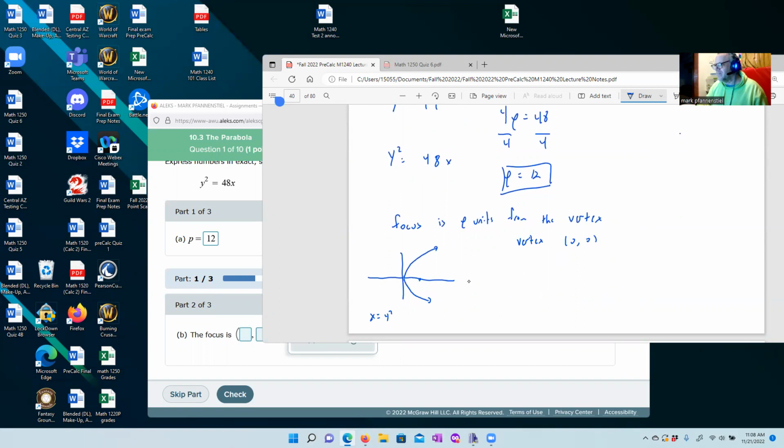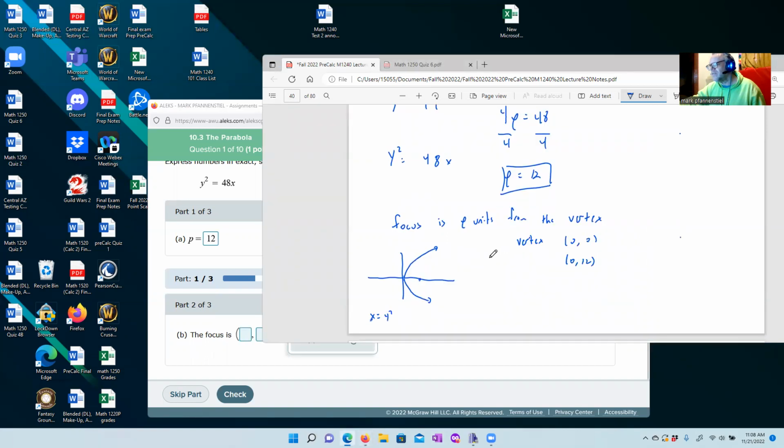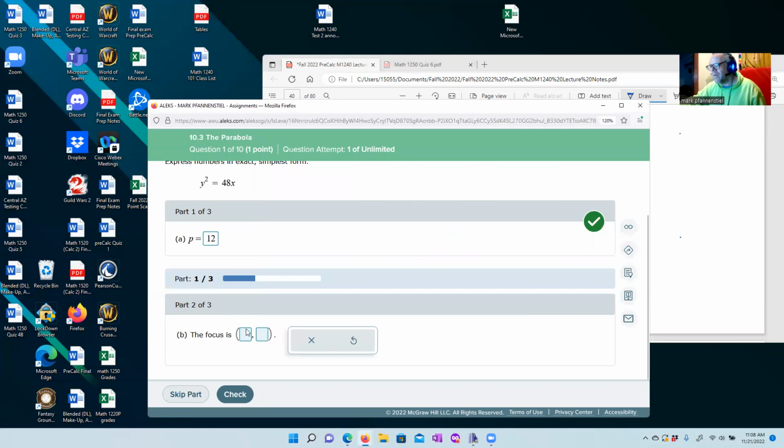And our focus is going to be 0, 12. Actually, no, I'm sorry. That's not 0, 12. It's 12, 0. So we are going away in x values from it. Like I said, it takes a little getting used to.